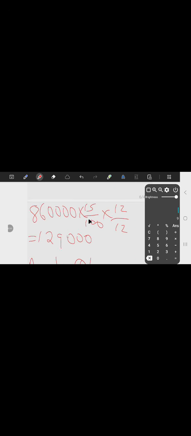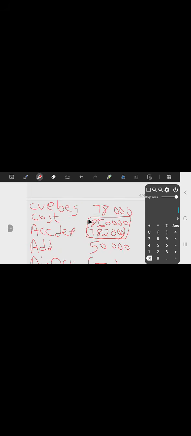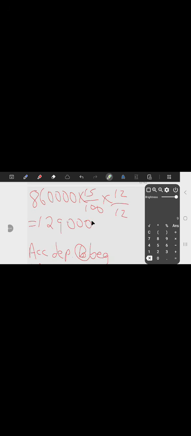Let me just scroll up so that you see what I'm talking about. Okay, this is the cost at the beginning of the year, and this is the carrying value at the beginning of the year. Right, now we have our 78,000 minus 129,000.